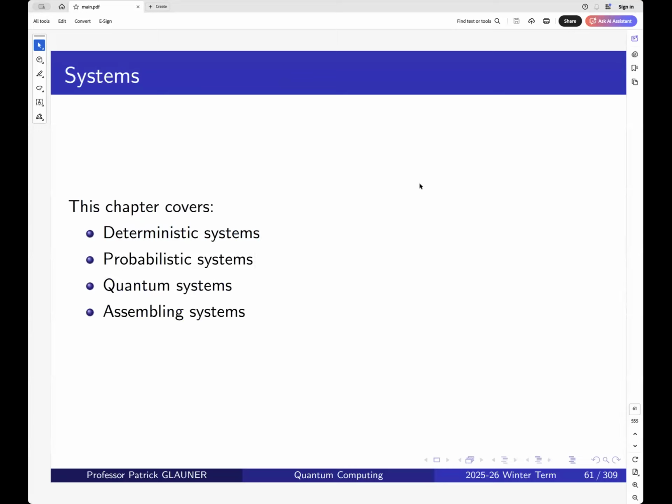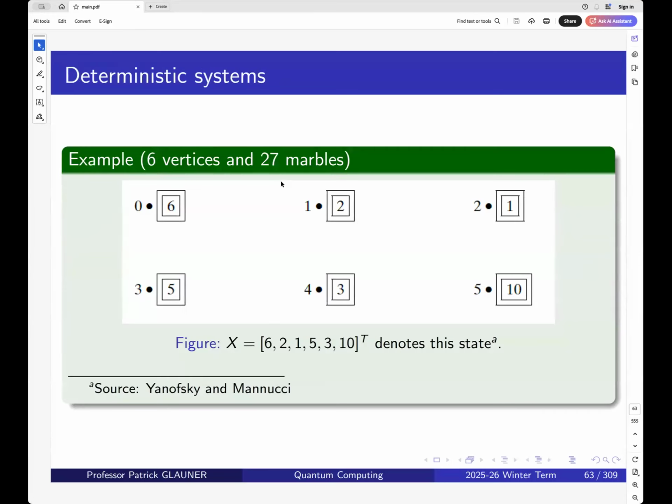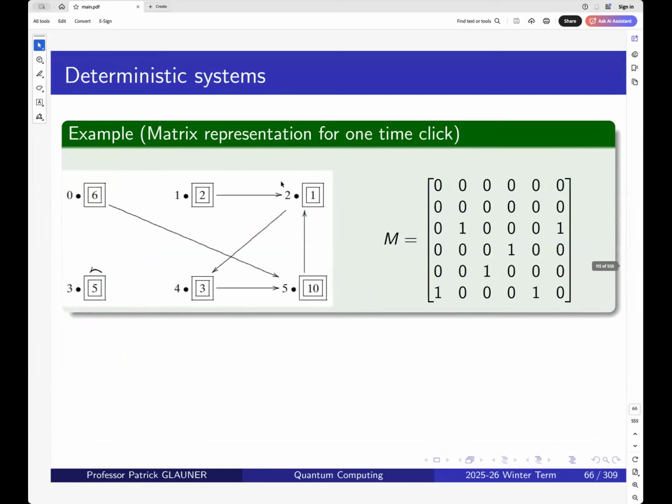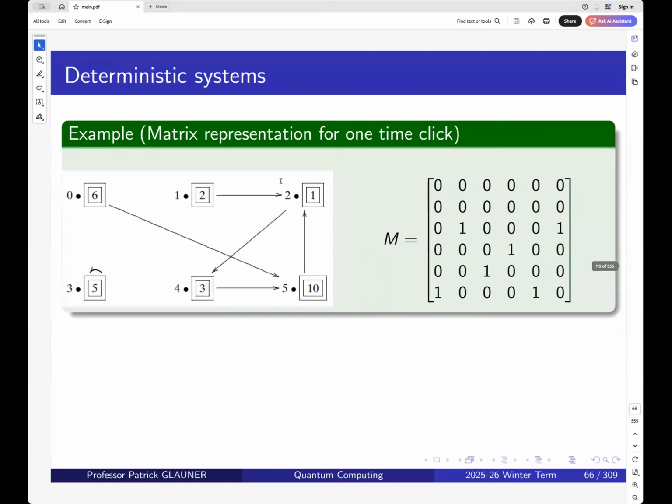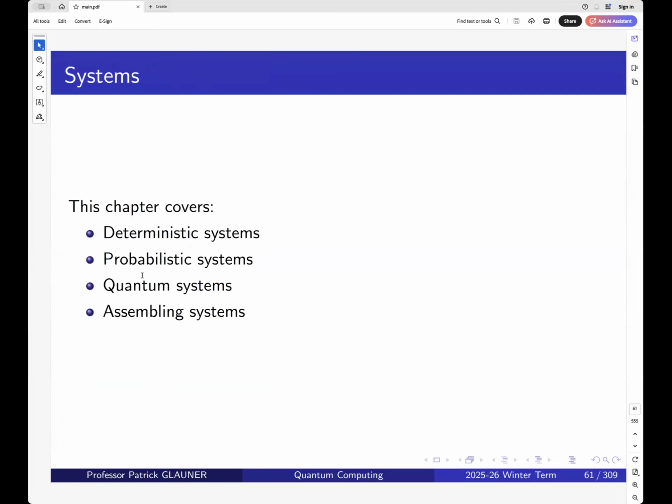Next week we start with deterministic systems, for which we use vectors and matrices. We use also, for example, transposes. And we can see how a so-called deterministic system can evolve. We'll use some visualization for this. So our system has a state, and we'll be using vectors to describe the state and matrices for the evolution. After that, we will use probabilistic systems for which we use probabilities.